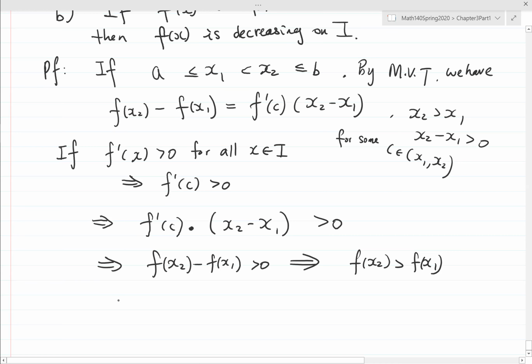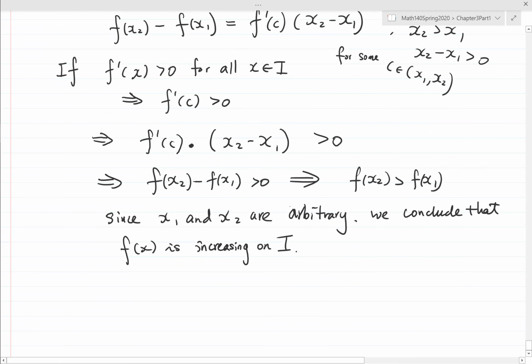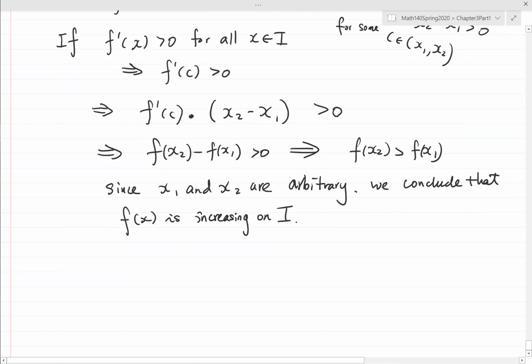Since x1 and x2 are arbitrary, we conclude that f(x) is increasing on I, i.e., bigger input gives bigger function value.